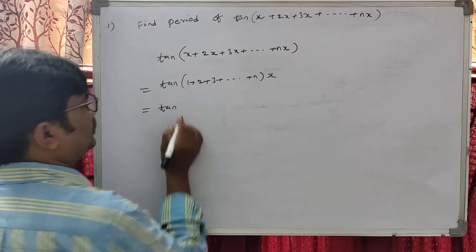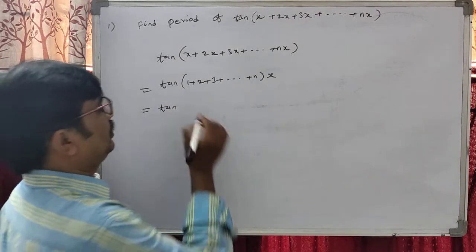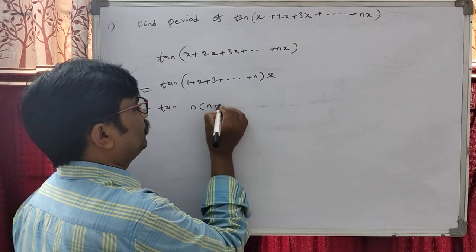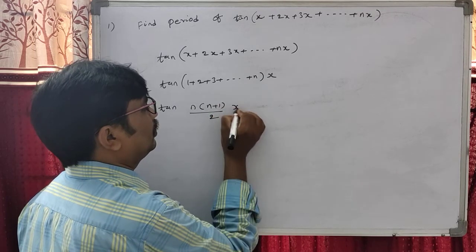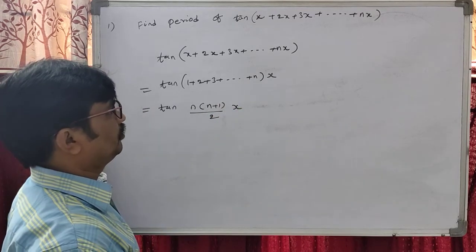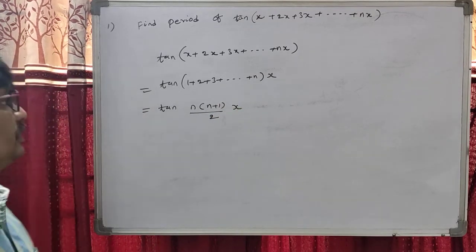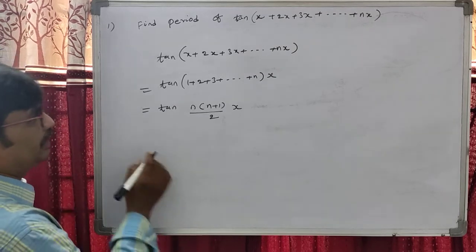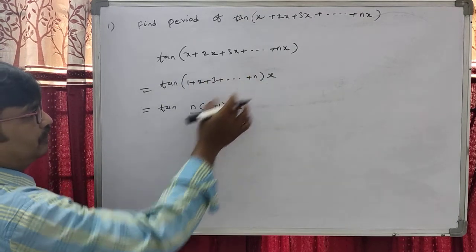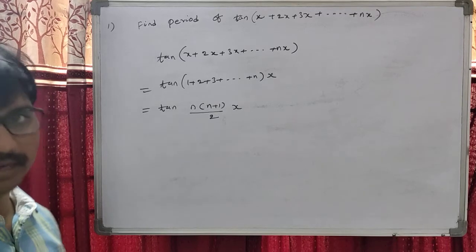Here 1 plus 2 plus 3 and so on n is n into n plus 1 by 2, the sum of the first n natural numbers.